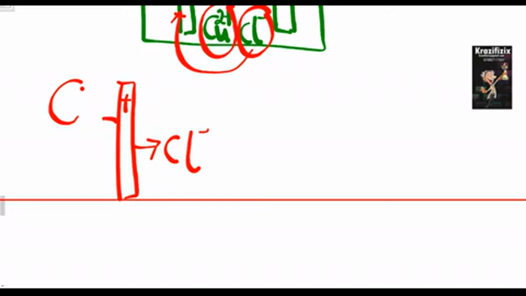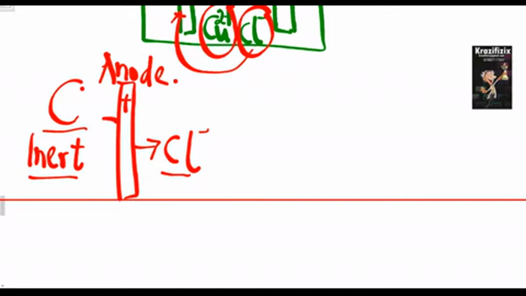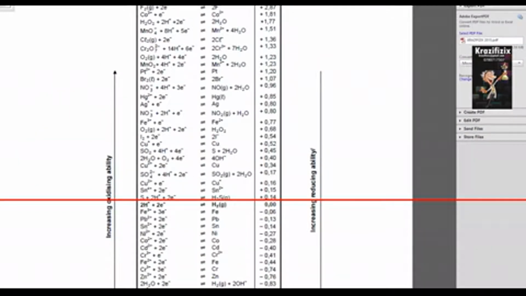Now, Cl minus is now here where carbon is, but we said carbon is inert. So there's no reaction with carbon there. We're only going to have Cl, and this is anode. Remember what takes place? At the anode, oxidation. Let's go and find out what our Cl looks like on our table.